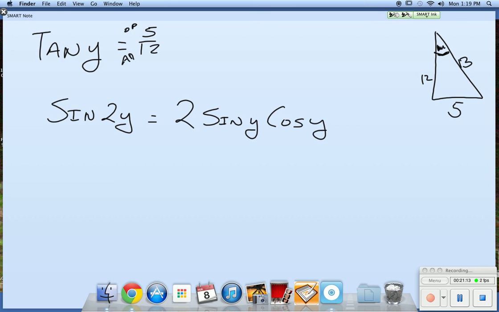There is the double angle for sine. What's my sine in here? What's my sine of y? Because that's what I gave you. It's number 17 in your book. It's the first one.